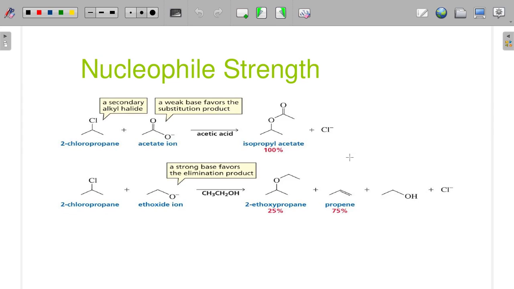The strength of our nucleophile also factors into it. Having that O negative is what you need to be a strong nucleophile. But a weak base that is a negatively charged ion, a carbonyl type thing like the acetate ion, tends to favor substitution. If it's a straight, very strong base, it's going to favor elimination most of the time, especially on our more secondary type positions.